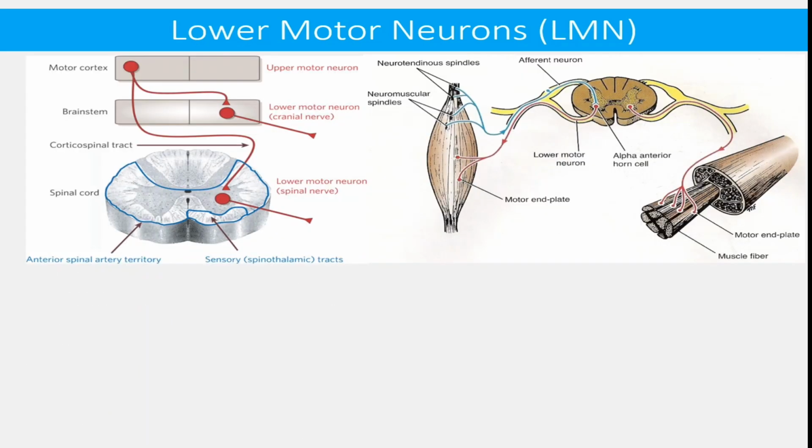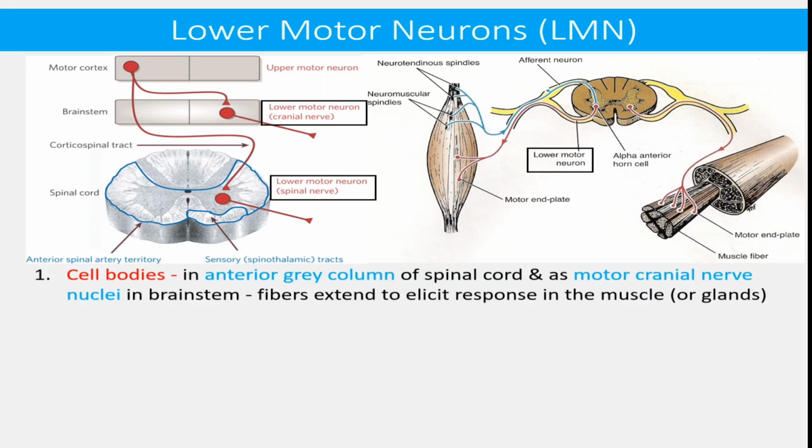Now the second group, the lower motor neurons. The bodies of these neurons are located in the anterior gray column of the spinal cord and as motor cranial nerve nuclei in the brainstem. Their fibers extend to elicit response in muscle or glands.